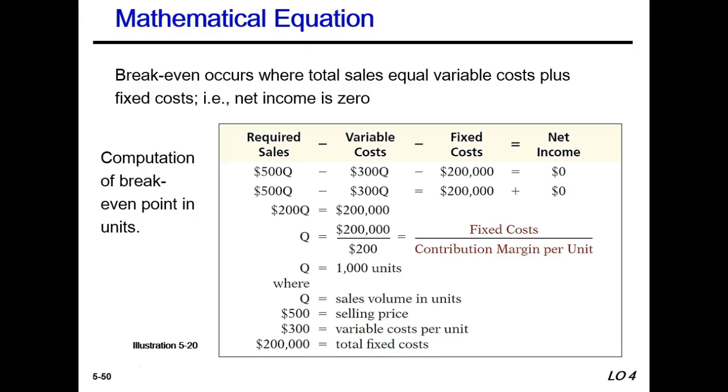By doing a little algebraic equation here, we bring the 300 over, so 200 times quantity equals $200,000 in fixed costs. Divide it, which means the quantity that we need to sell is 1,000 units to break even. This is where the selling price we know of is 500, the variable cost is 300, with our fixed cost of 200,000.